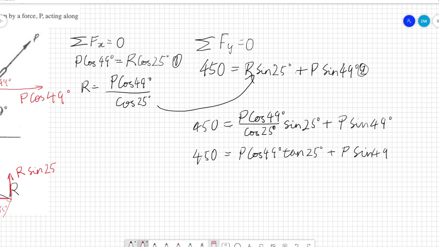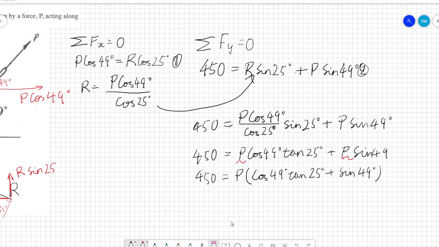We can factor out the P, so 450 equals P times cosine 49 degrees tangent 25 degrees plus sine 49.